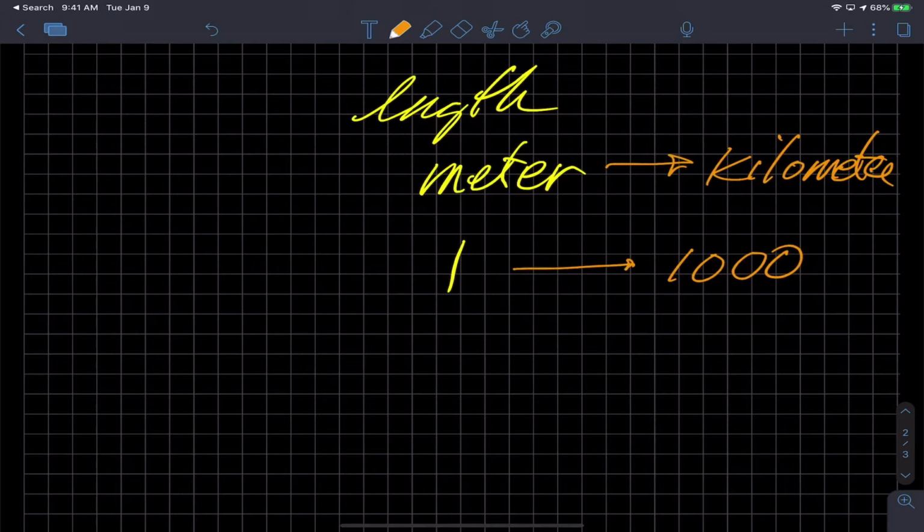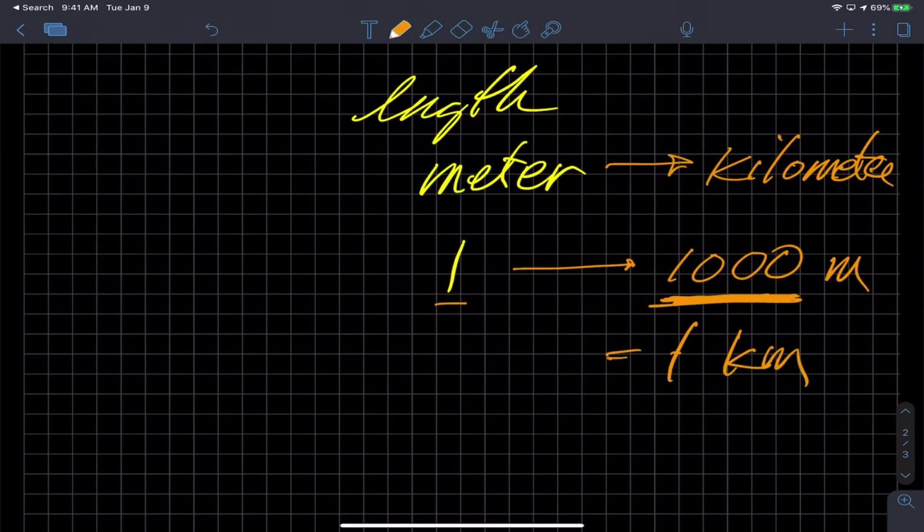So this is 1 meter long, this is 1,000 meters long. 1 kilometer is equal to 1,000 meters. Or you could say that it's equal to 1 times 10 to the third meters. 1 kilometer is 10 to the third meters.